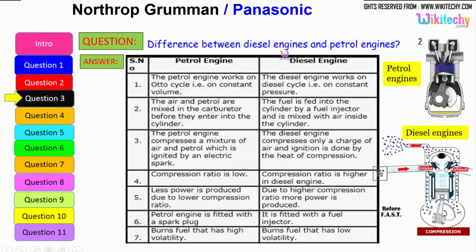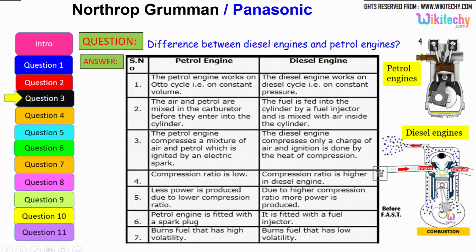Let's see the difference between the diesel engine and the petrol engine. The petrol engine works on the Otto cycle, therefore on constant volume, whereas the diesel engine works on the diesel cycle on constant pressure. The air and the petrol are mixed in the carburetor before they enter the cylinder.